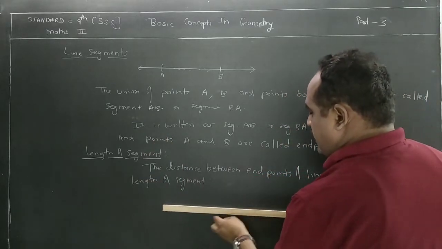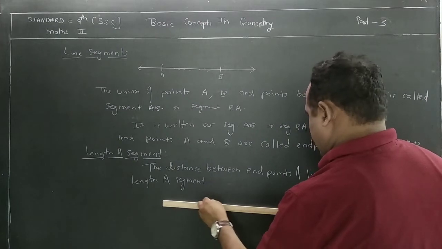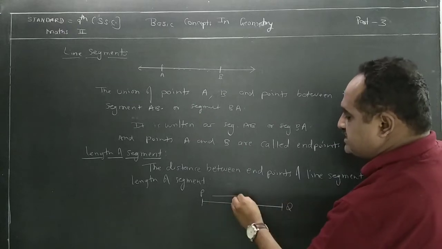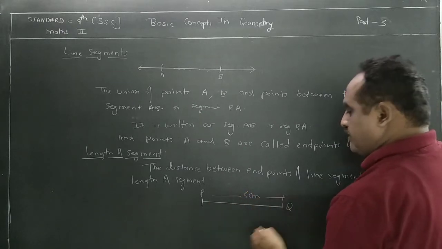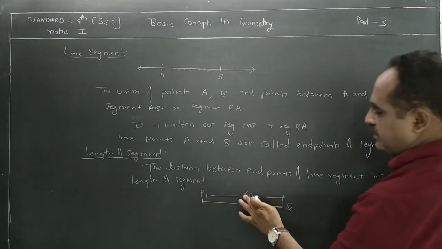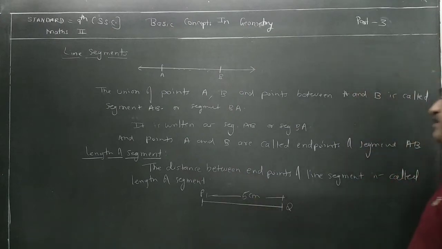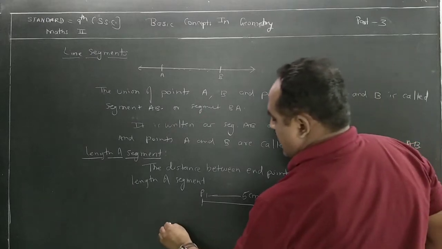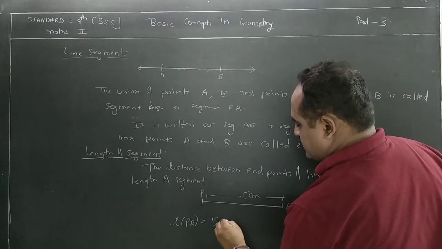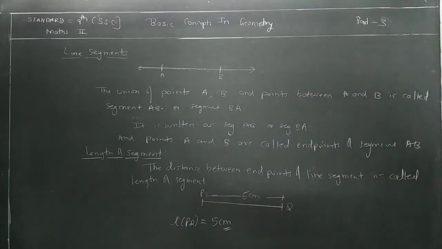I am going to take segment, say PQ, and the length of this segment PQ is say 5 centimeter. The distance between P and Q is how much? 5 centimeter. So I can say that length PQ is equal to 5 centimeter. How is it written? Length PQ is equal to 5 centimeter. Have you understood this now?